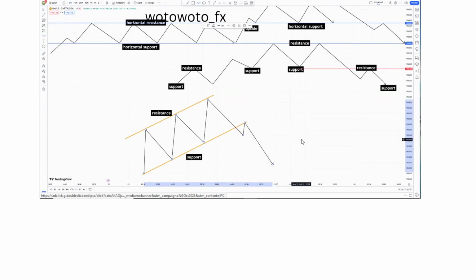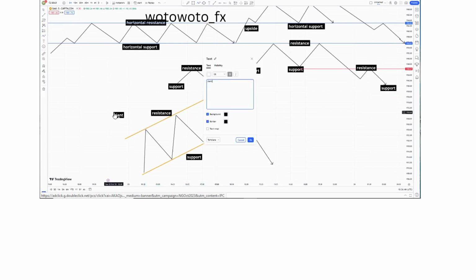Do you get? So this is what we call slanty resistance and support.